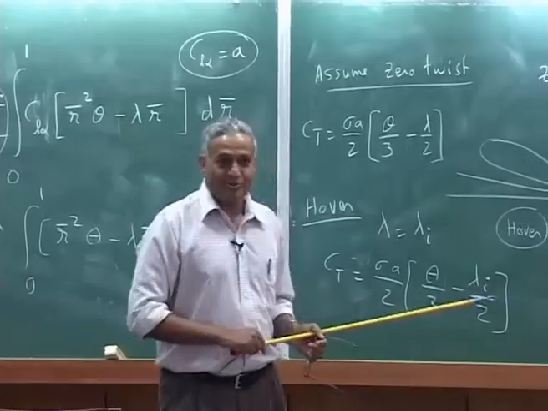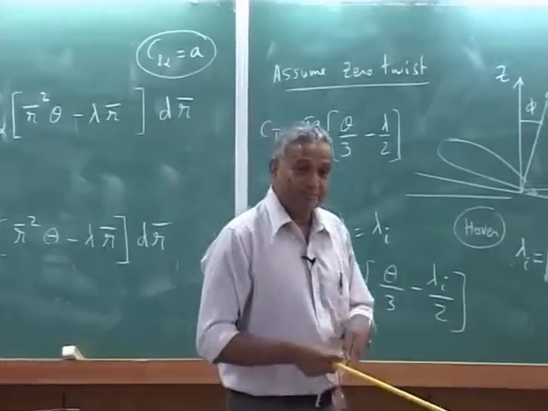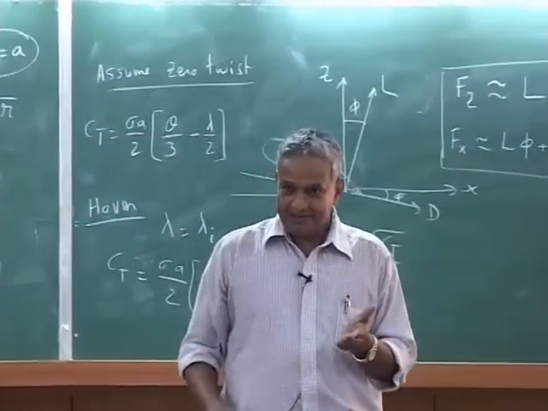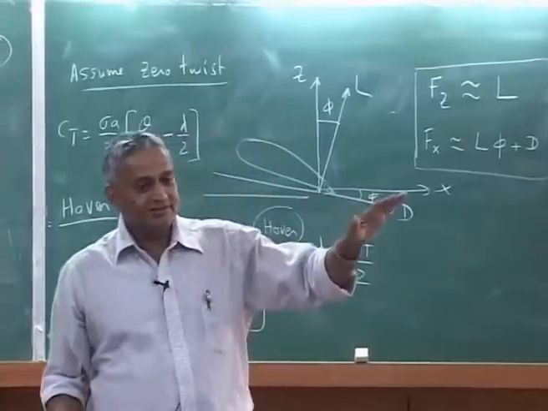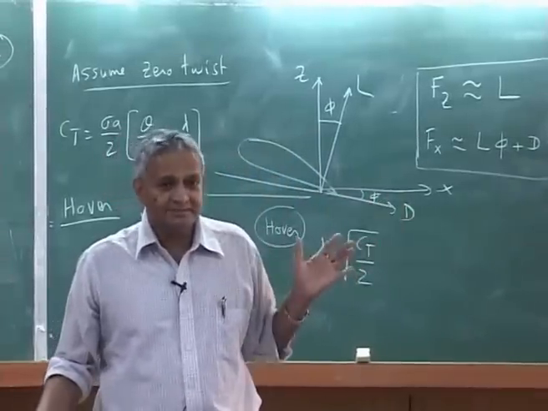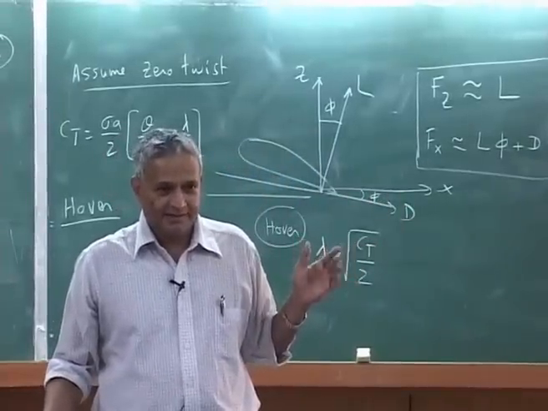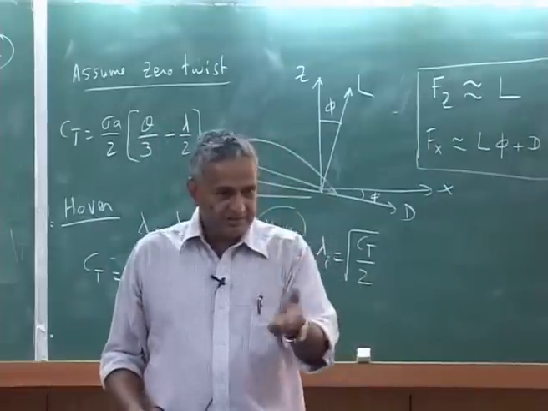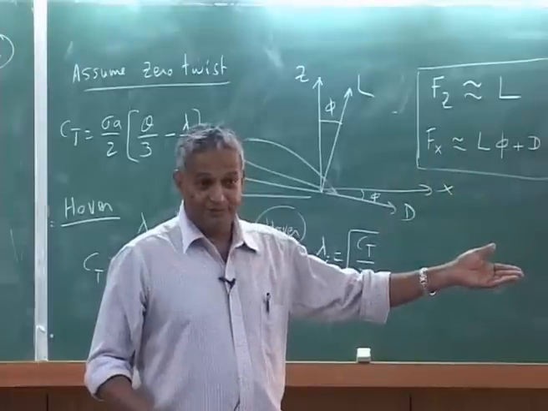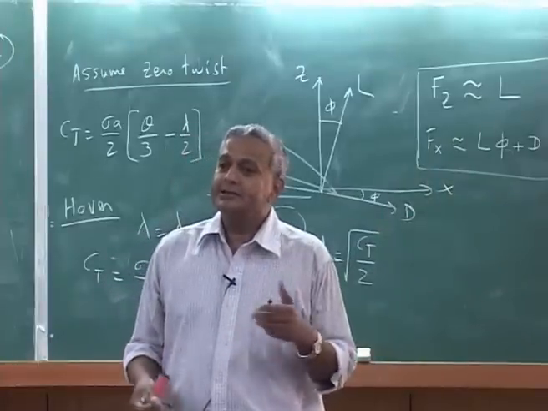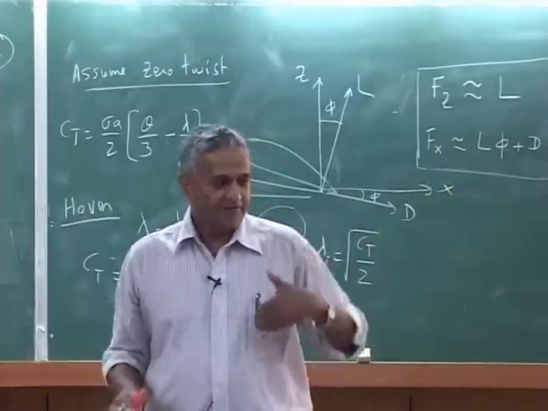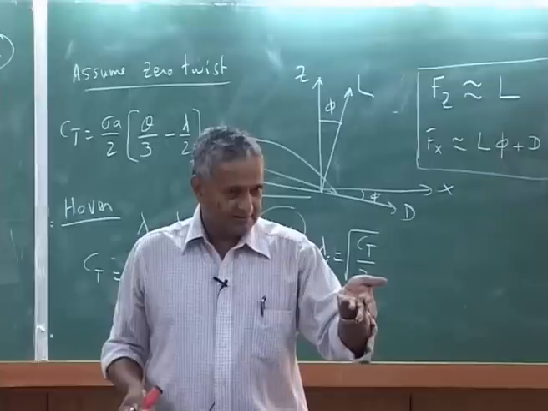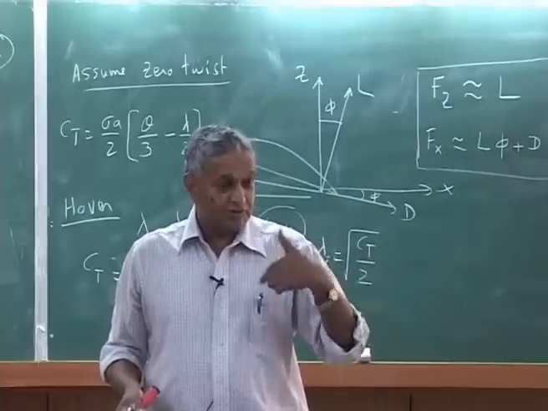Directly, what pitch angle must I give if I want to have this much Ct. Then once I know the Ct, I can get the inflow. On the other hand, in an experiment, if I give a pitch angle, I must know what the Ct should be.